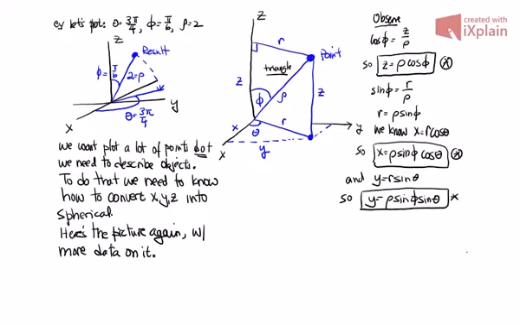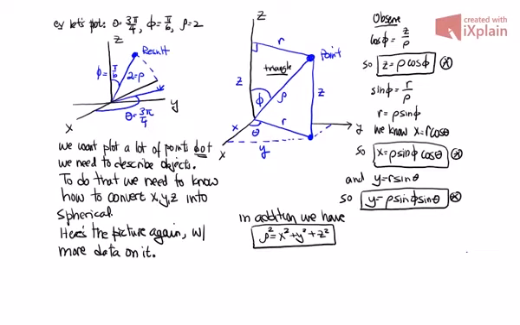Right? Now there are two other things that we can write down that are useful. So in addition, we have rho, which is the distance to the point. Using the Pythagorean theorem, we have rho squared equals x squared plus y squared plus z squared. So this is useful in its own right.